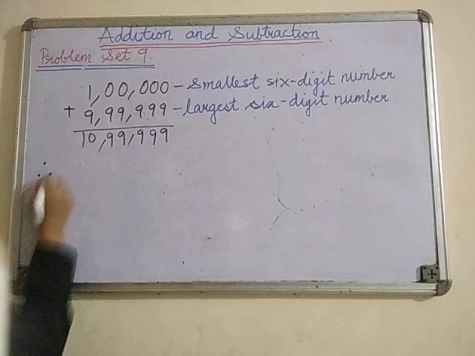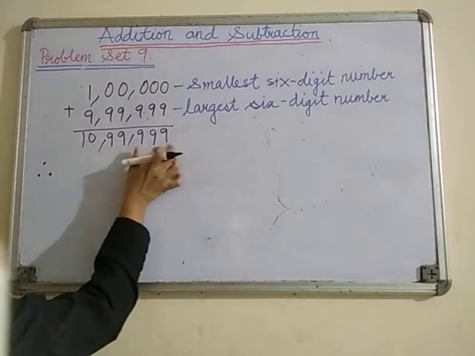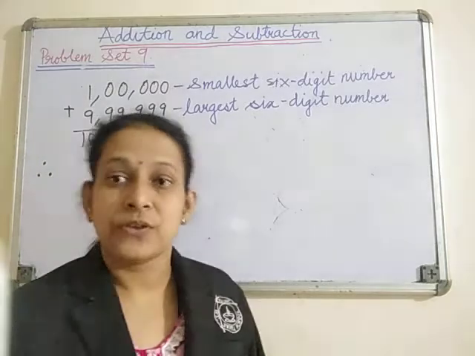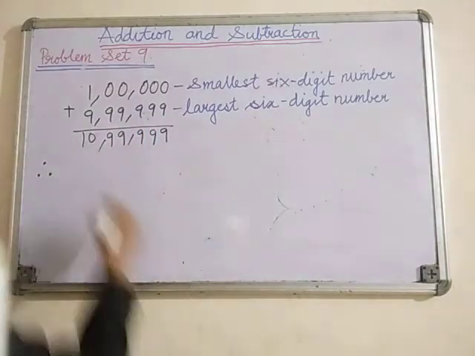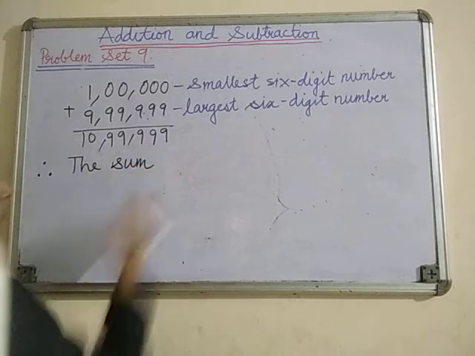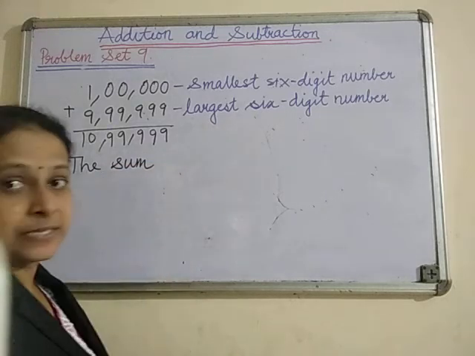So what are you supposed to write? Therefore, you write like this. Either you can write that 10,99,999 is the sum of the smallest and the largest 6-digit number, or you can write it any way, but you should see that the grammar is correct.